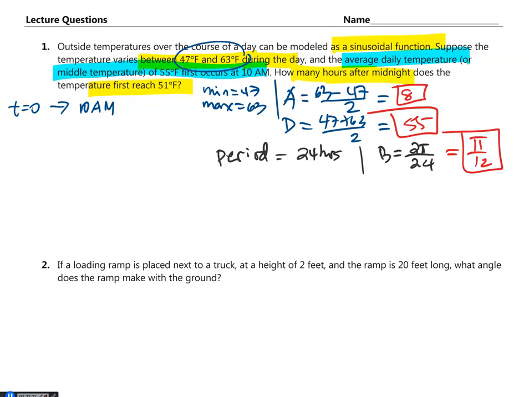So that means, at 0, the temperature was 55 degrees. So this is our first coordinate. So here also there is no phase shift, because it starts at 10 a.m., that is when t is equal to 0.